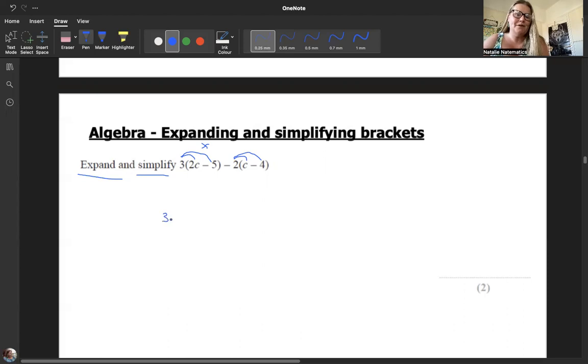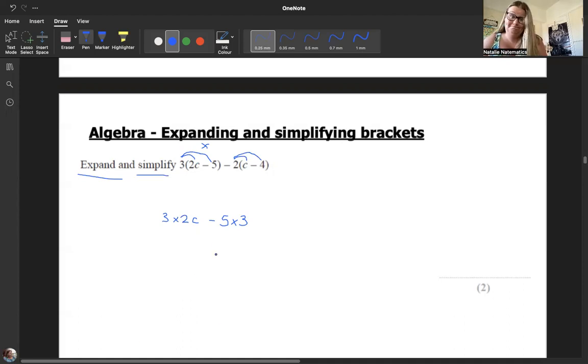So I'm just going to write that down there. 3 times 2c. I'm actually going to pull the whole line out there. And then I've got 3 times minus 5. So I'm going to do that first, the minus 5 times 3, because the 3 is positive, 5 is negative. So I'm going to put that negative first, just so I don't forget it.